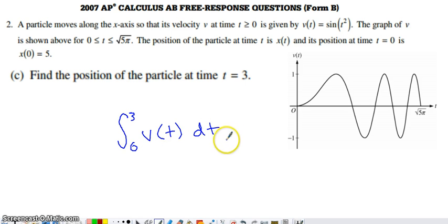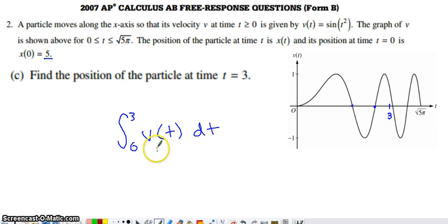This alone will not determine that, because all this is going to do is figure out how far the object moved forward on the interval from 0 to this t value, figure out how far the object moved backwards on this interval, and then figure out how far the object moved forward the rest of the way to 3. We have never taken into account the starting position. This is just going to represent displacement.